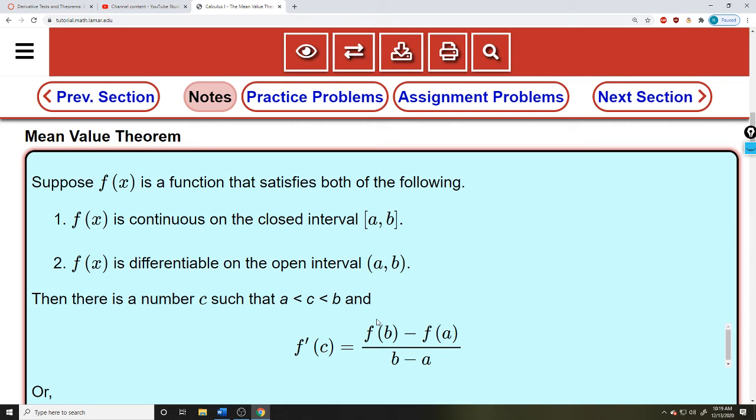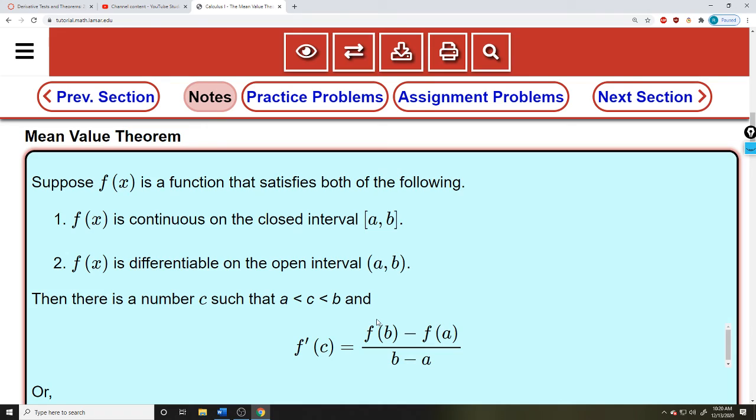You're going to find f of B, you're going to find f of A, and you're going to do this formula. And you'll get a number, say 5, for your slope of the secant line. And that's going to tell you that at some point, my derivative has to be 5, somewhere in between there. And then sometimes the problem is going to ask you to actually find where that is.